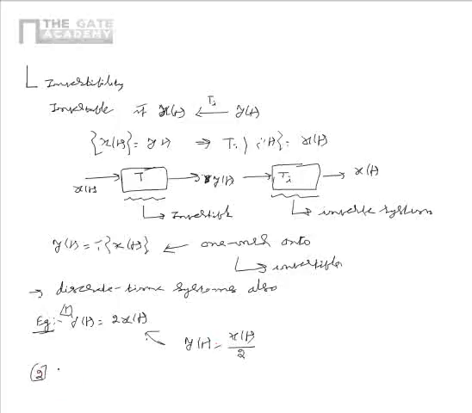Now let us consider another system, y of t is equal to square root of mod of x of t. This system is not invertible as x of t cannot be recovered for any obtained y of t. This is mainly because of the abs operation.